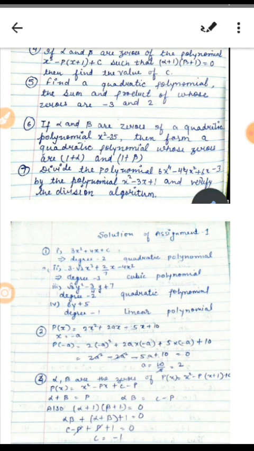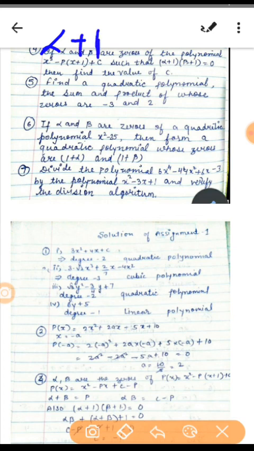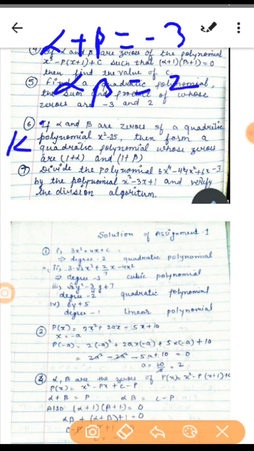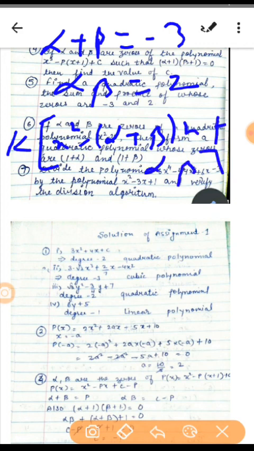Then question number 5, find a quadratic polynomial the sum and product of whose zeros are minus 3 and 2. So the sum of zeros alpha plus beta is given as minus 3 and the product is given as 2, and our formula we know is k into x square minus alpha plus beta into x plus alpha beta.